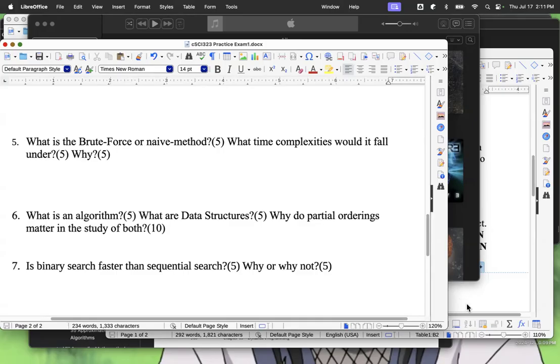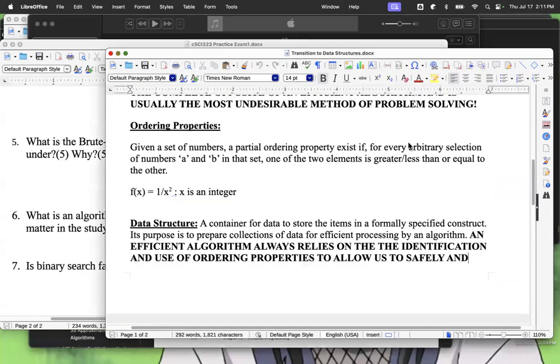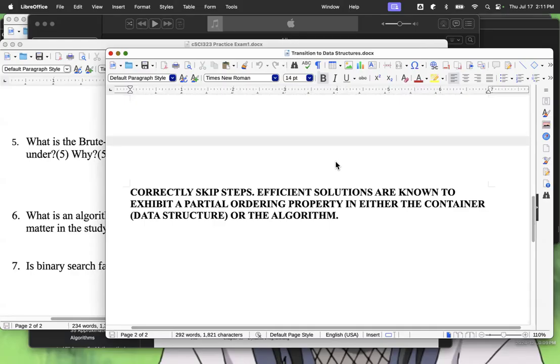But let's get down into the answer. So this was from day one. All right, and here we go. A container for data to store the items in a formally specified construct is what we call the data structure. Its purpose is to prepare collections of data for efficient processing by an algorithm. An efficient algorithm always relies on the identification and use of ordering properties to allow us to safely and correctly skip steps.